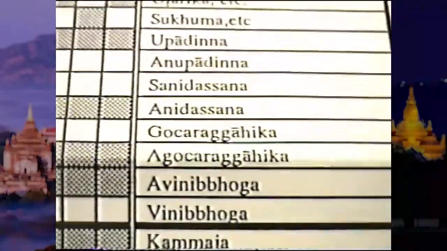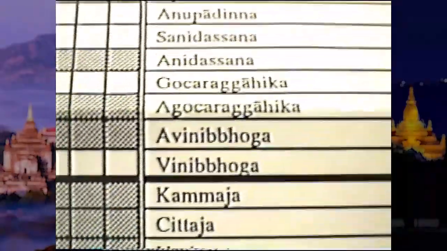So there are 5. Chakhu, sota, ghana, jihva, and kaya. And the others are agocharagahika, not taking objects. And then avinibhoga, inseparables. There are 8, and the others are vinibhoga, right?